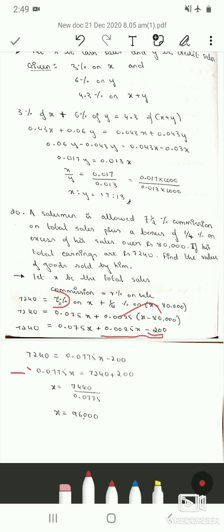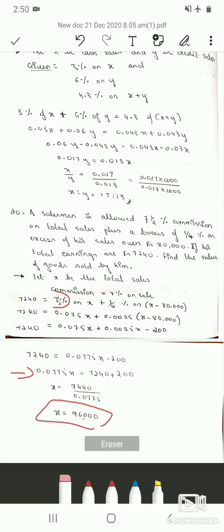So solve for x. Add these two terms, so 0.0775x minus 200. So 0.0775x is equal to 7,240 plus 200. Therefore x is equal to 7,440 divided by 0.0775, which is 96,000. Therefore the value of goods sold by the salesman was rupees 96,000.